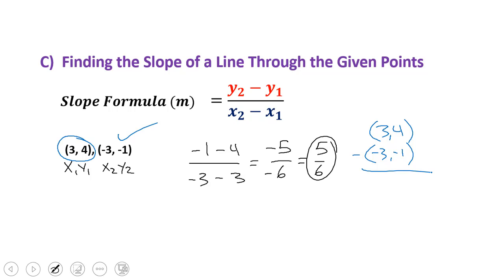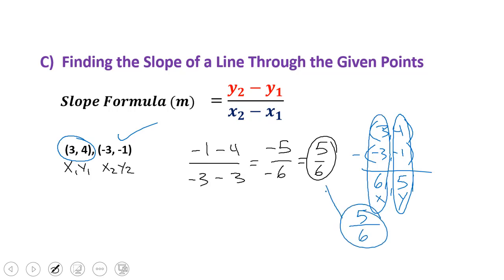Writing it just like that: 3 minus -3, well, that's 6. And 4 minus -1, that's 5. And my change in y right here is 5 over my change in x right there, 6. I get the same slope, 5/6. Positive slope, which means that line is rising from left to right.